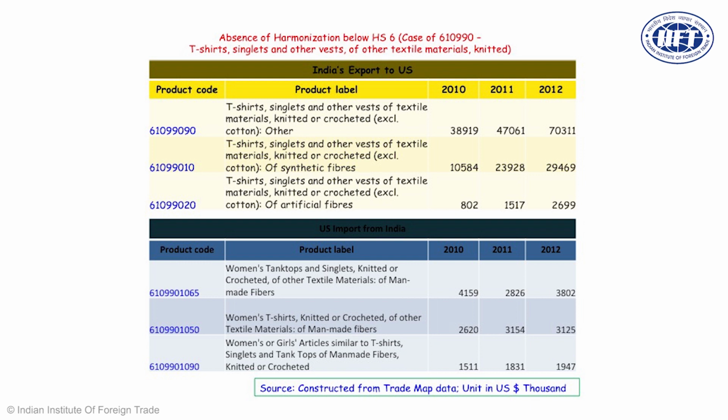That's one of the concerns you have to keep in mind, and one of the ways in which you can look at it is that import data should often be believed more, for the simple reason that many a time, suppose Indian export goes to America or Hong Kong or Singapore, the importing corporate might actually process the product there and export it to a third country after certain value addition.